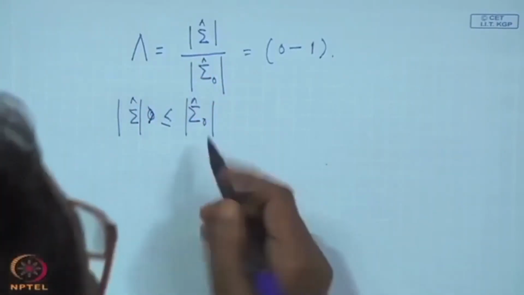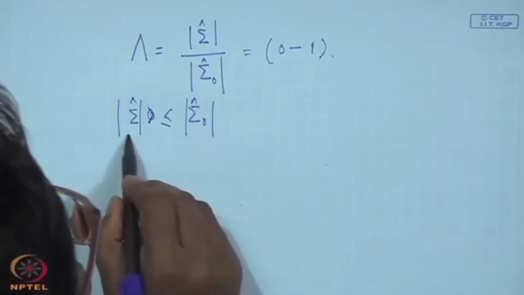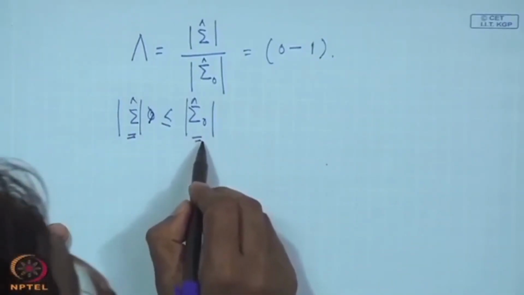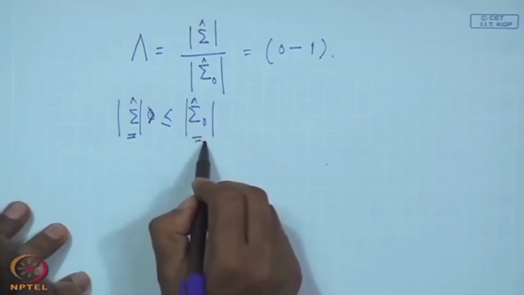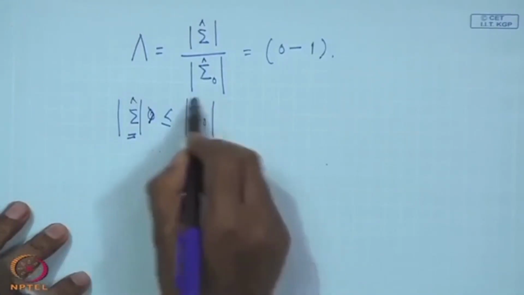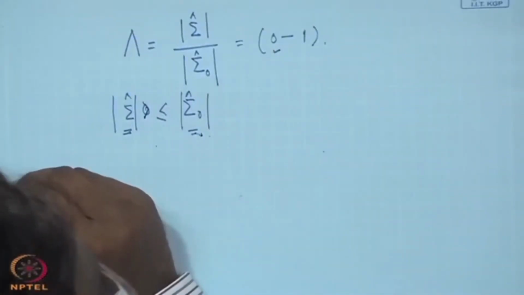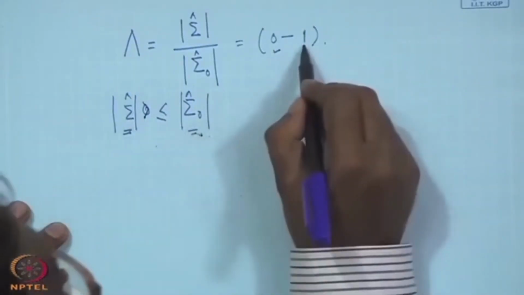So now what will happen if this value is sufficiently small, much lower than this value? It will be close to 0. If both are equal, it will be close to 1.